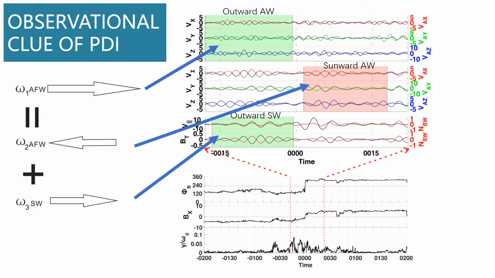Their wave frequencies also satisfy the three-wave resonance condition predicted by the linear theory of parallel PDI. All the results indicate the occurrence of the PDI.